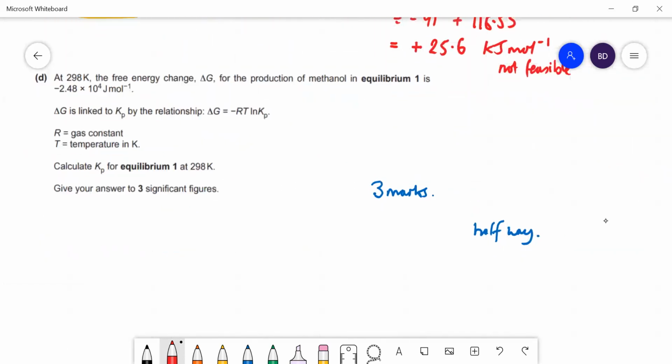Right, and then we're going to use this relationship here. Delta G is minus RT ln Kp, and we need to calculate Kp. Okay, so we need to rearrange this equation, and we're going to get ln Kp is equal to minus delta G over RT.